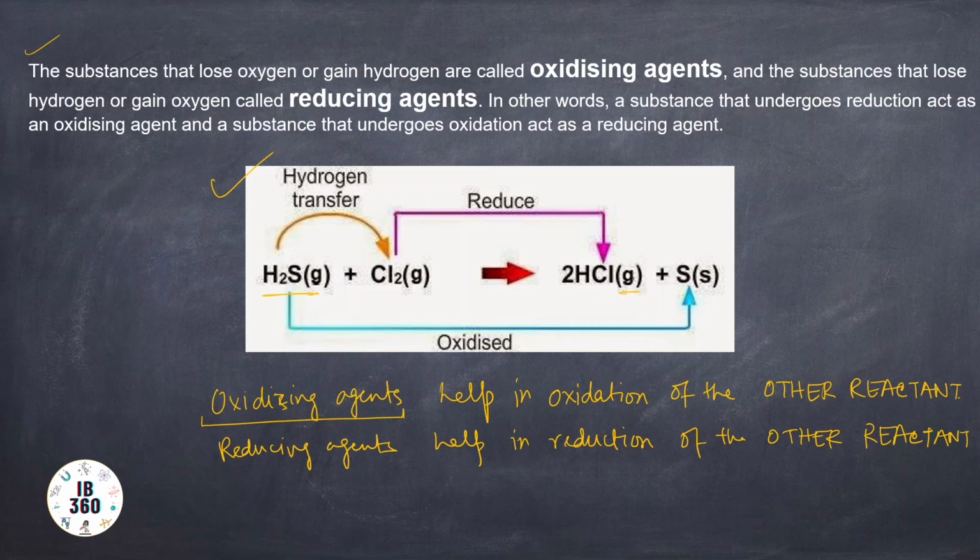Sulfur is getting oxidized because it is losing hydrogen. You see here, there is loss of hydrogen and hence oxidation. And chlorine on the other hand is accepting hydrogen. There is hydrogen transfer and this is reduction because of gain of hydrogen.